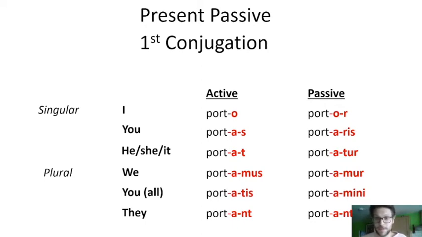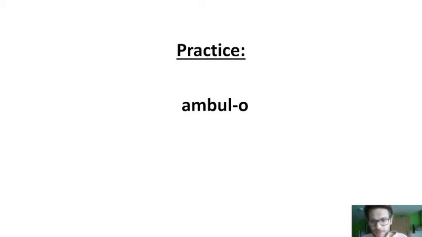So make sure when you translate it, the sentence becomes passive. So on your workbooks, your assignments, I would like you to practice these first conjugation verbs, converting them into the passive voice. Each one will be a different ending of the conjugation, and change it to the passive alternative.